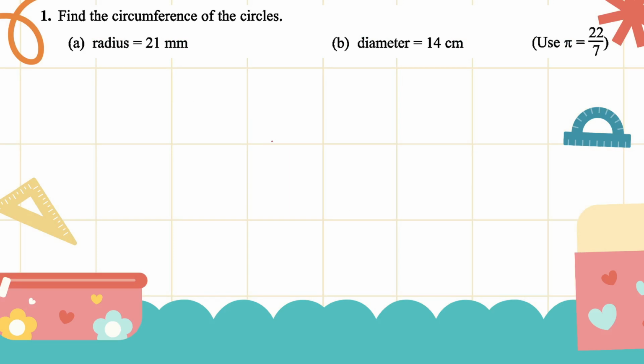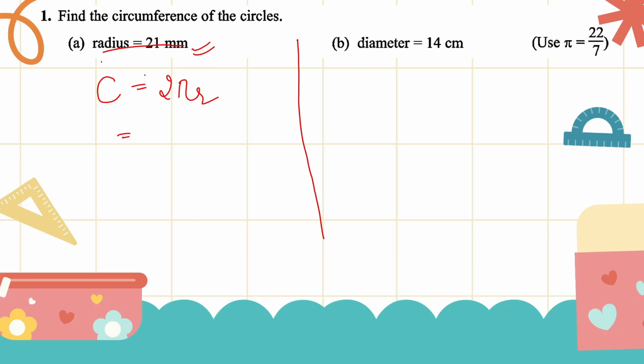First sum is find the circumference of circle. Here we have two sums. We will do one by one. First is given radius. I have told you the formula for circumference of circle, 2 pi r.